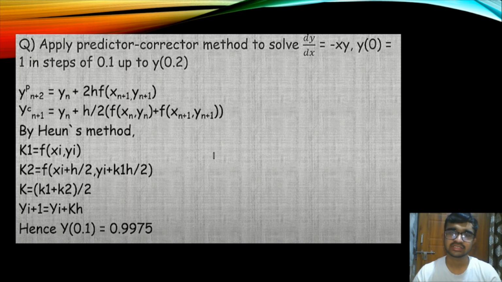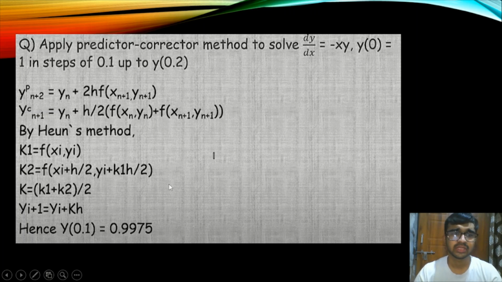Okay, so now let's try to solve this question. What we see here is that in the predictor formula we can't find the value of y0 and y1. So we find the values of y0, y1 and y2 from Heun's method. For Heun's method we have to calculate x1 and x2 by this formula, and then we calculate the value of k, and we put this value of k in our main equation, and we find the value of our y(i+1).